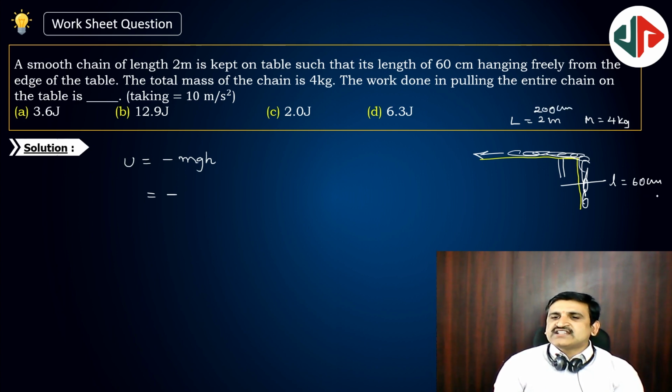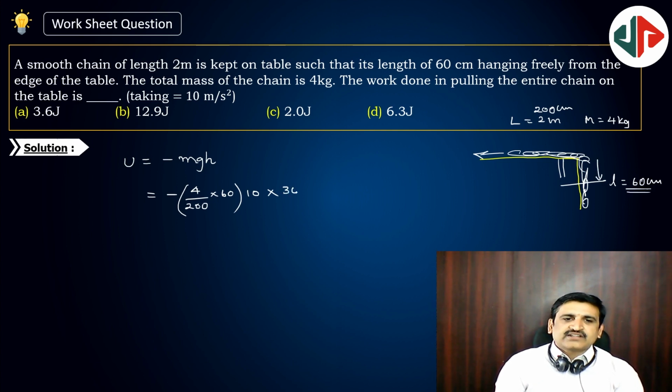Then 60 centimeters will have how many kgs? 4 by 200 into 60. This is mass, into gravity 10, into height. At the center of mass, the potential energy will be stored. So that is 30 centimeters only. Half of it only we have to take. So 30 by 100. This is initial potential energy.